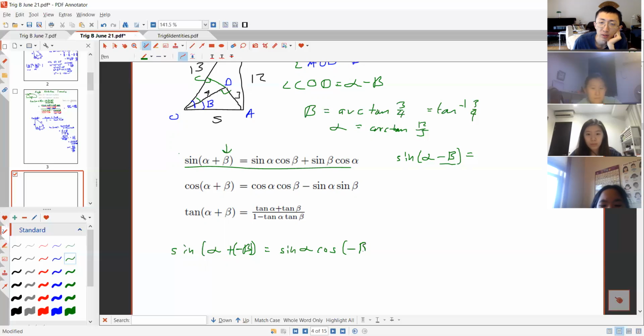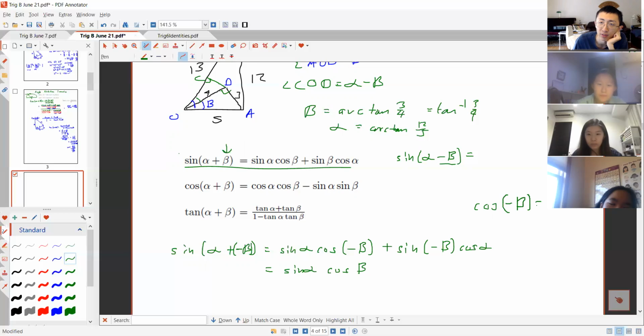Yeah, so I'll do it step by step. First, I plug in the negative beta, and then sine of the negative beta cosine alpha. And then you had it right. So what's cosine of negative beta? Cosine beta. Yeah, so this is just cosine beta because last time we learned cosine is an even function. So beta and negative beta have the same cosines, the same x coordinate on the unit circle.